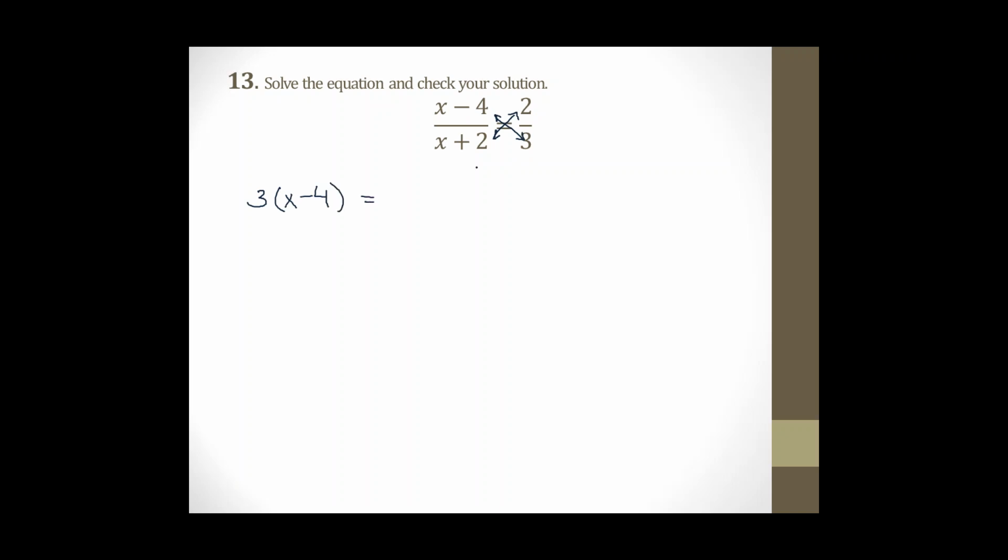And that is equal to cross multiplying the other side, 2 times x plus 2. Okay, so now that looks like using distributive property to get rid of the parentheses, and I'm left with 3x minus 12 on the left side. And again, distributive property. Let's learn some vocabulary today too. 2x plus 4.